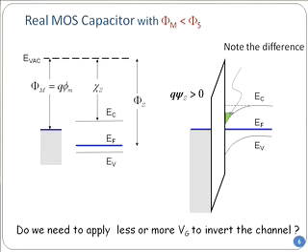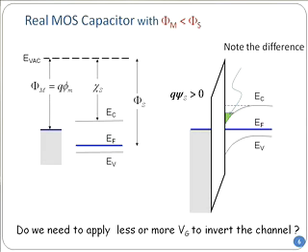In this particular configuration, it's already bent in the right way, the way I want to bend it. I put a little bit more, I have 2 phi sub f surface band bending, I have my inversion point. So you can see immediately that my total amount of voltage needed to reach threshold will be a little less because of this band bending in this particular way.